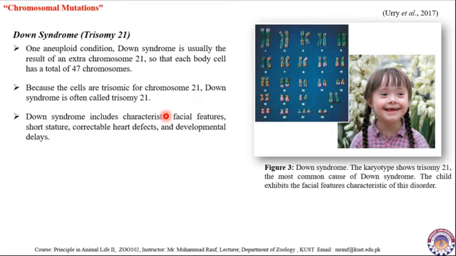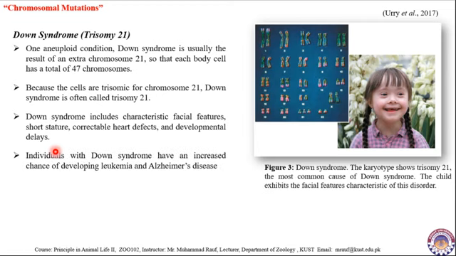Just in the previous slide we studied that each type of aneuploidy has its own characteristic symptoms. So what are the symptoms associated with Down syndrome? They are characteristic facial features. Short stature, meaning these people have lesser height, and they have cardiac defects, but they are correctable, meaning they can be treated, and they have developmental delays, meaning the puberty might come later than in normal individuals.